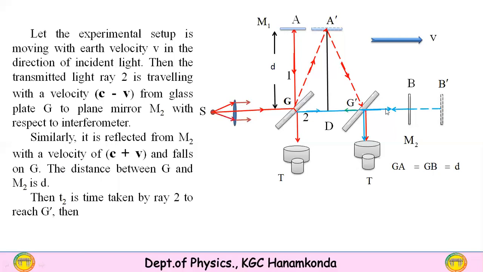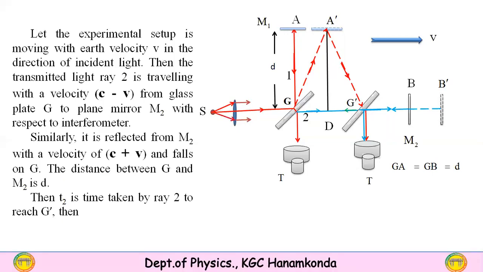This goes along this direction and hits plane mirror M2 when it is at rest, but it is in motion. Therefore, instead of striking at B, it is incident at B dash, where the plane mirror M2 has moved. Here the experimental setup is moving.